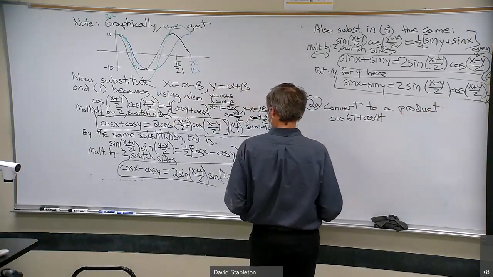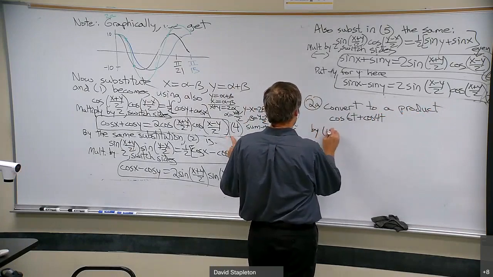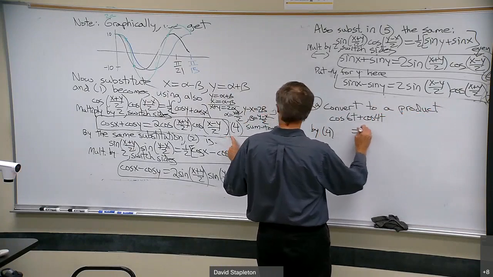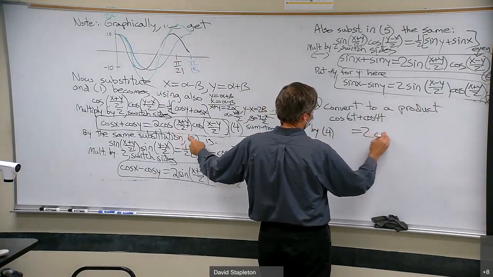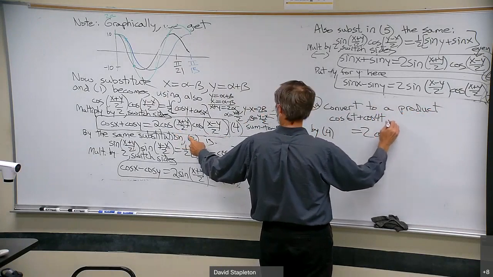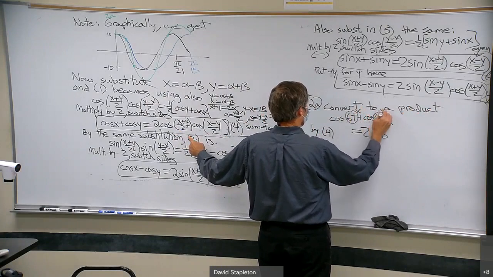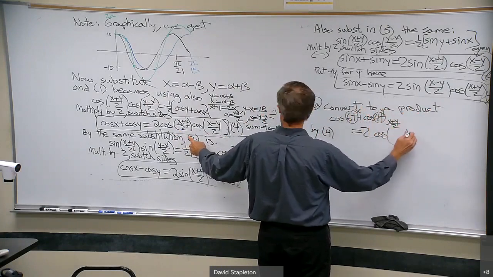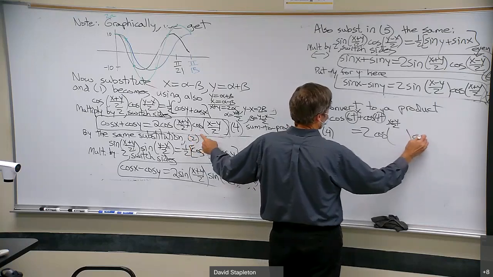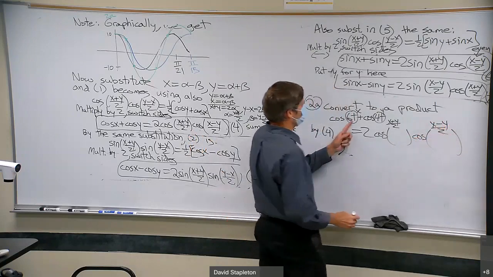I'll say by formula 4, that's supposed to be equal to 2 times cosine of the sum over 2, times cosine of the difference over 2. If I call this x, and this y in the formula, it's supposed to be x plus y over 2 times cosine x minus y over 2. So you just call this x and call this y.